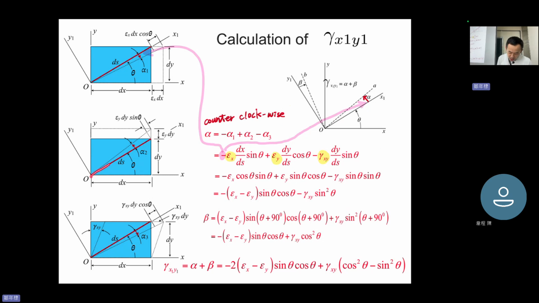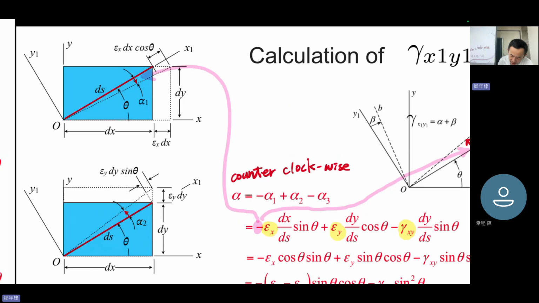Again, due to the y extension, you will have counterclockwise, so this is positive. But if you do gamma xy, you will also make it go downward, I mean clockwise, so it's also a minus sign. So minus, positive, minus. Because of the rotation direction, you need to be careful. Apart from this, everything is similar to the previous page.